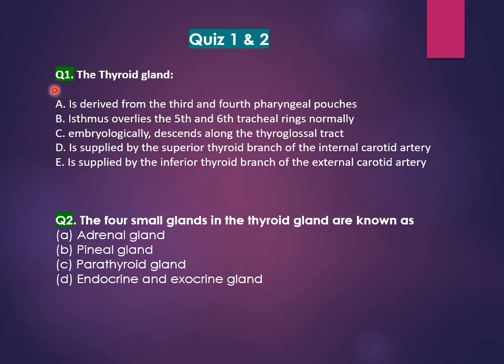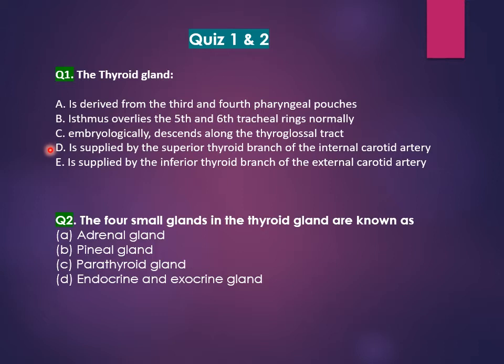Now we come to question number 1. A. The thyroid gland is derived from the third and the fourth pharyngeal pouches. B. Isthmus overlies the fifth and sixth tracheal rings normally. C. Embryologically descends along the thyroglossal tract.